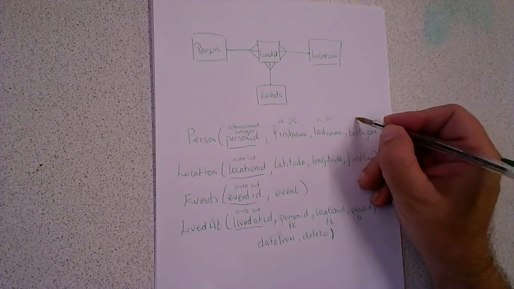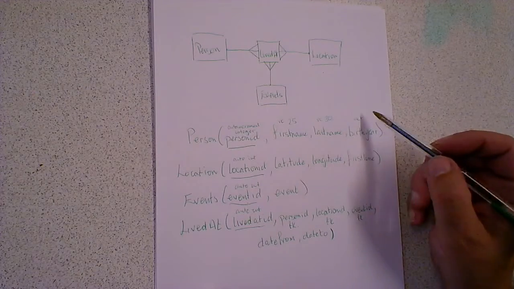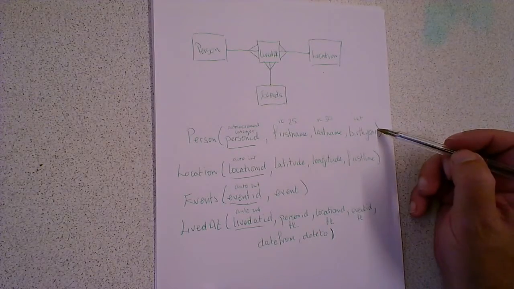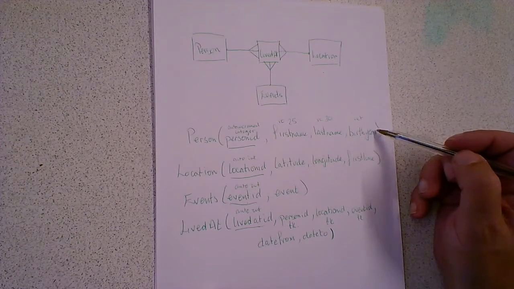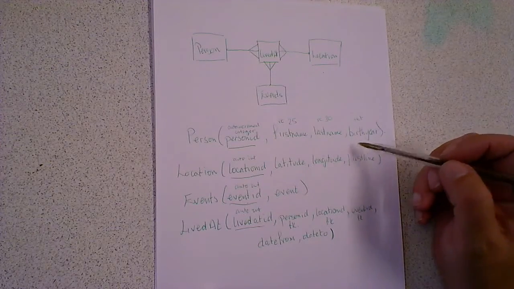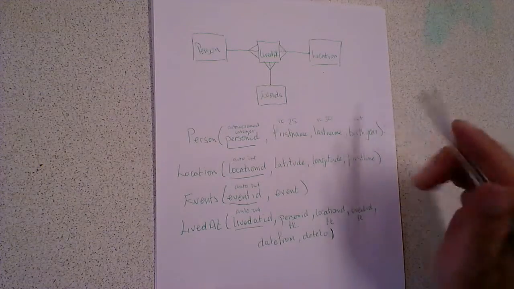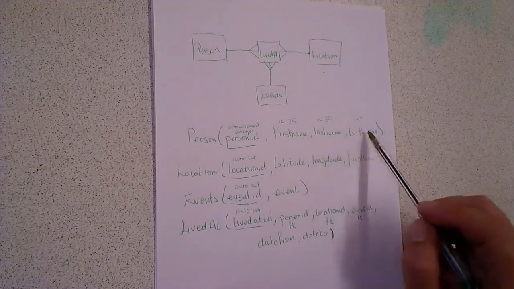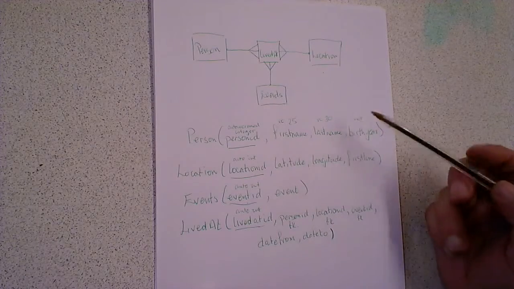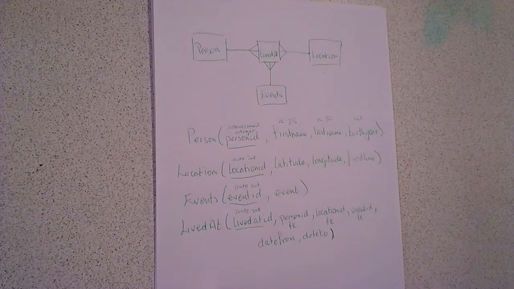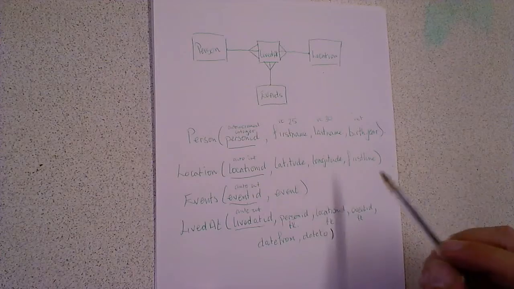And birth year is going to be an integer. We could put some constraints on this, so we could say no later than 2016, no earlier than the year 0. It doesn't really matter. At the moment, I'm not bothered with constraints or anything, just getting the database up and running. Latitude and longitude, now they are strange ones.